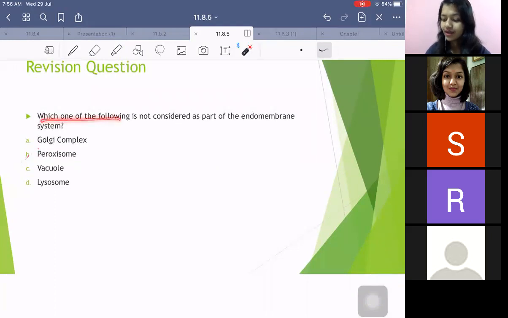Which of the following is not considered as endomembrane system? Golgi, peroxisome, vacuole, lysosome. Which one is not considered under the endomembrane system? What comes under endomembrane? Golgi, endoplasmic reticulum, lysosome, vacuole.